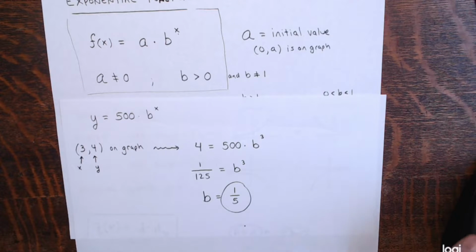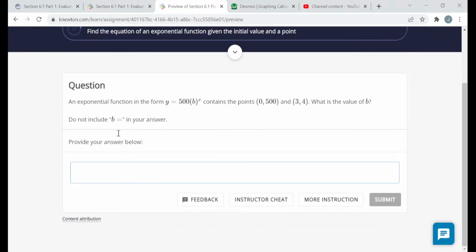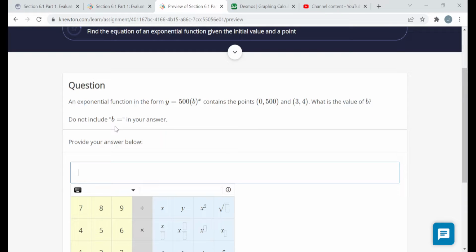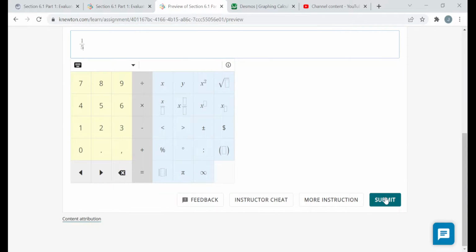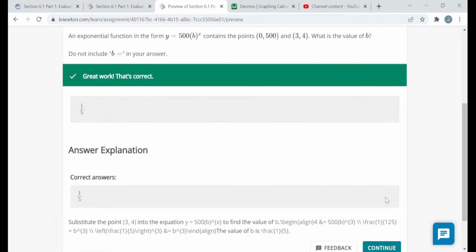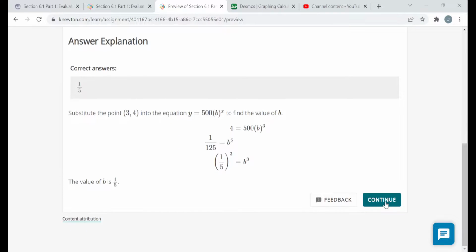The value is 1/5 or 0.2. And notice they're telling us don't write b equals, just write the number. What would be b? 1/5, again, or 0.2. Whatever you write, as long as it's equivalent to the correct answer, it should be good. Excellent.